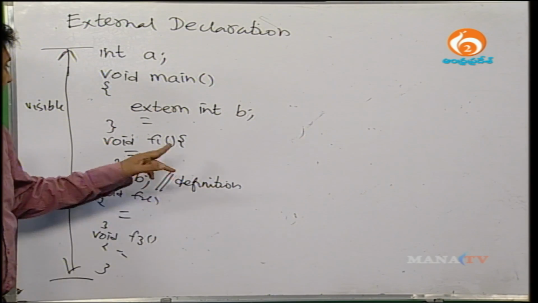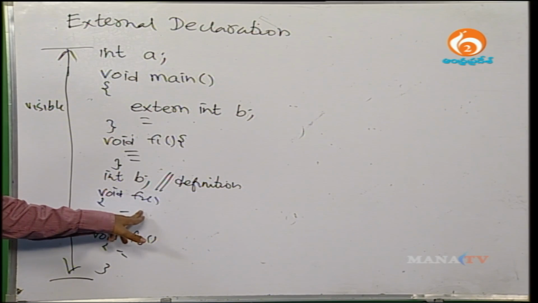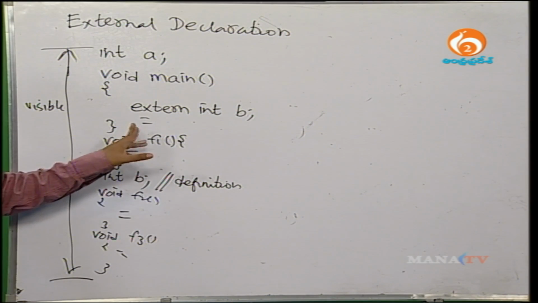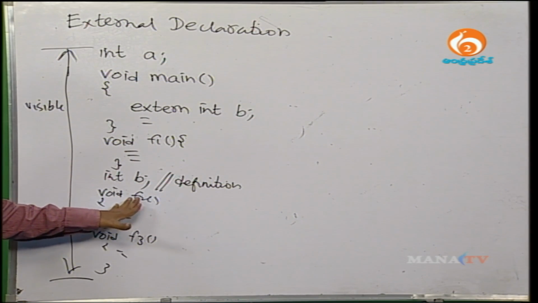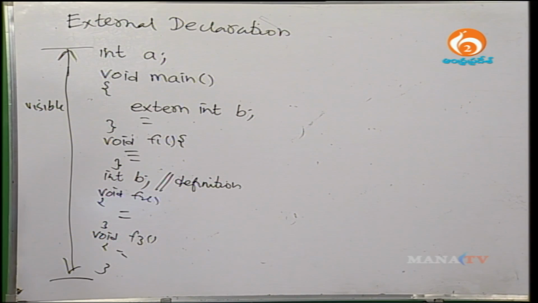So b is global to the f2 function and a is global to all four functions here, and b cannot be accessed in the main function.